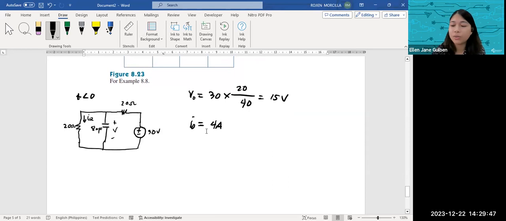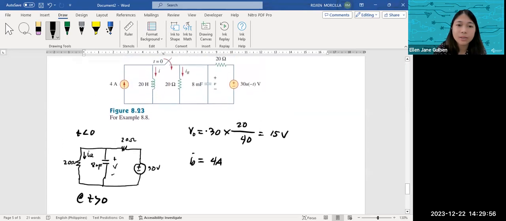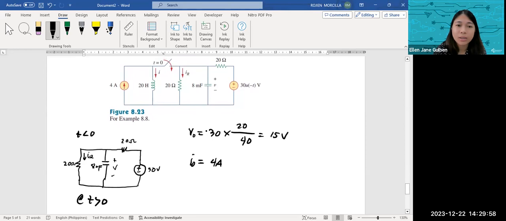Then let's move on to t greater than 0, and we will redraw our circuit. Now at t greater than 0, the switch will close, and then the 30 U of t will be shorted.